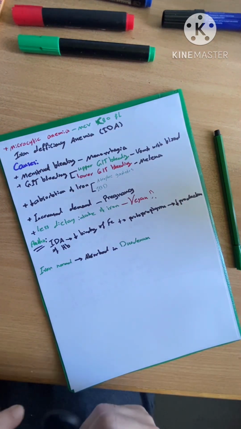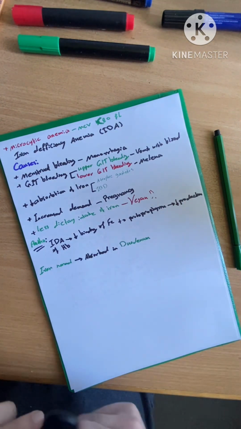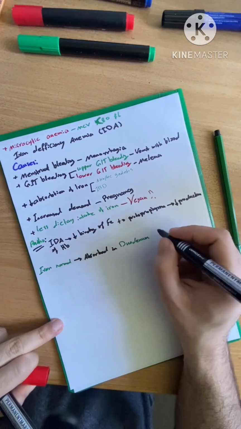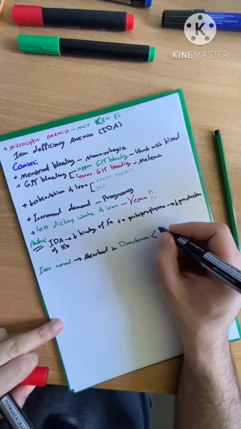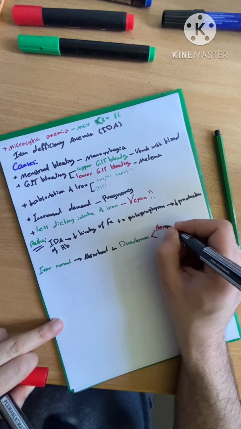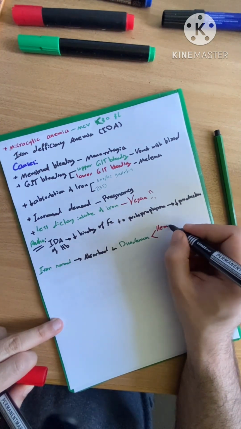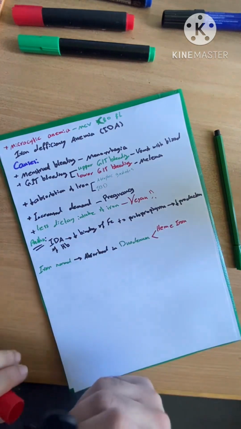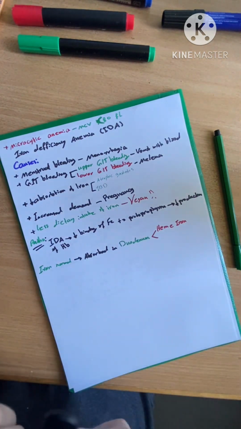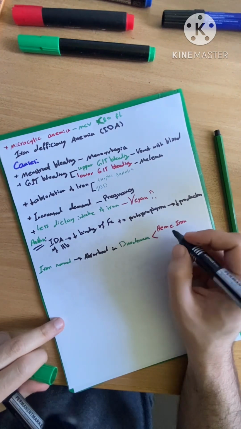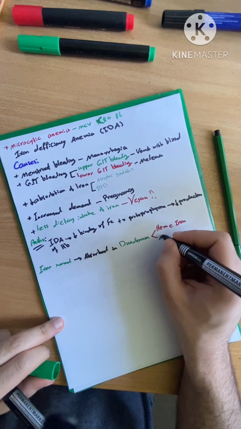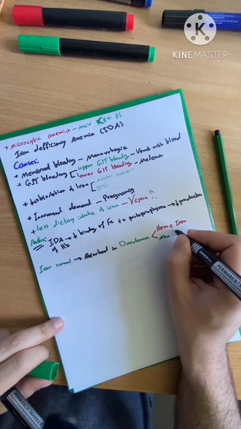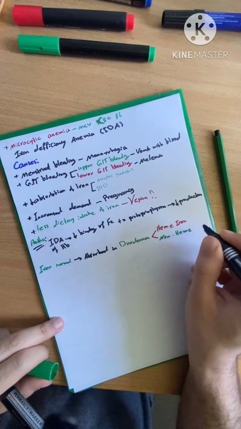We are having, as we said, two types of iron. We are having heme iron, and we are having vegan people's iron, which is non-heme iron.